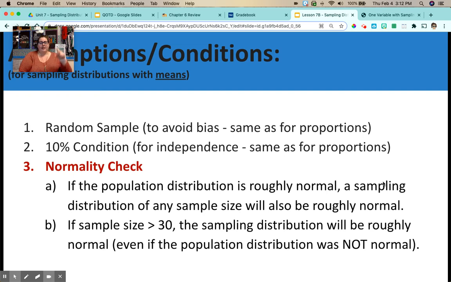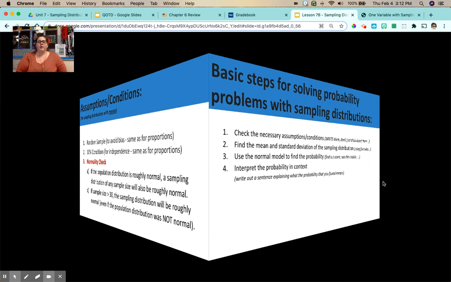So two ways to check it. Either we know the population is normal, or we have a sample size bigger than 30. So one or the other of those is enough to check this condition. You don't have to check both. That's the whole point. But if neither of those things is true, then we wouldn't be able to use the normal model to find a probability.